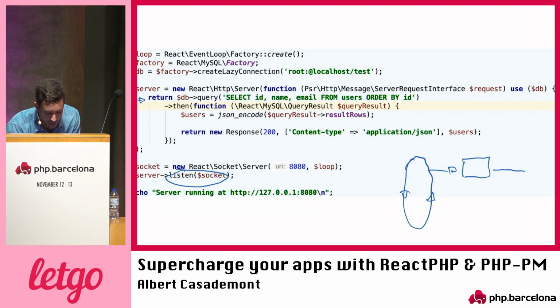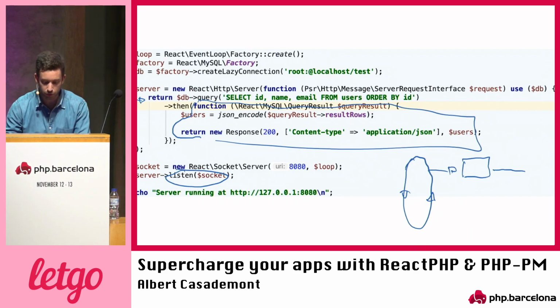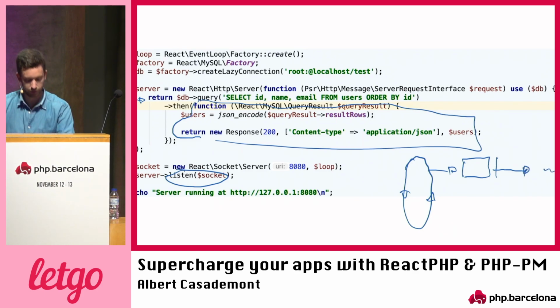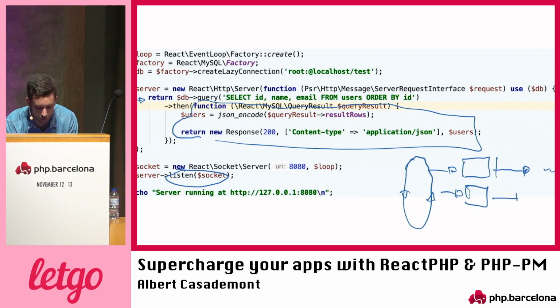You emit the query, and you say, after the query ends, I'm going to execute this bit of code. So you actually send out the MySQL query, and you halt the execution. You finish the execution of the loop, and the loop continues, and if there's another request coming, it will execute that same request, and it will keep pushing things to the database.